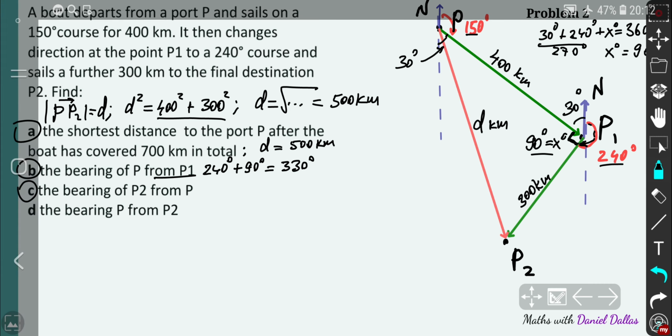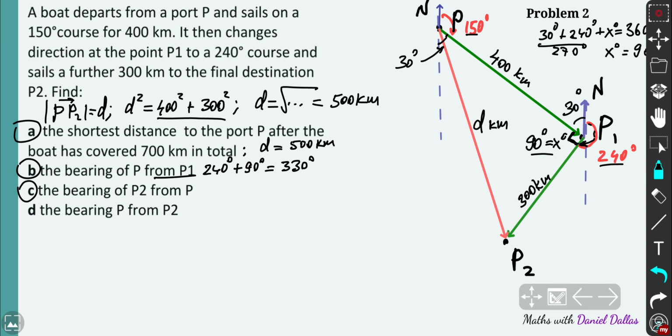So question C. Let's have a look at question C. We need to find the bearing of P2 from P. So P2 is right there from the point P. So that's why we set up the north direction at the point P right there, and we turn until we reach this red displacement, which is 500 kilometers in length.